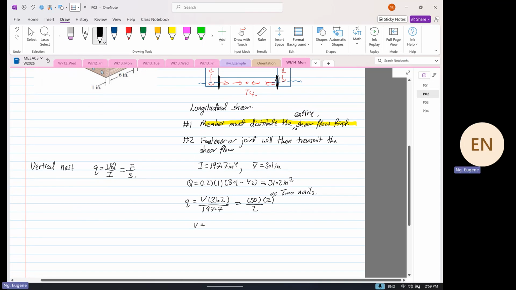So V will be equal to 50 times 197.7 divided by 31.2 is equal to 316.8.827 pounds.